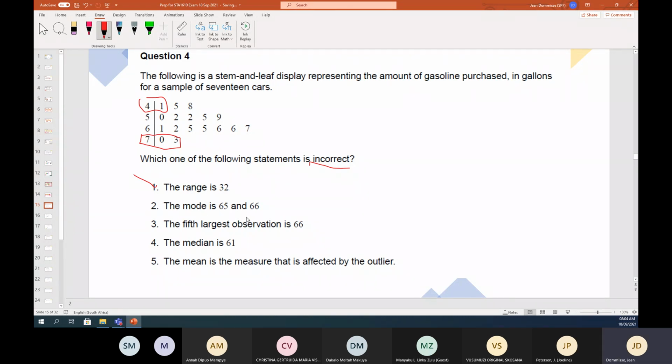They talk about the mode here, and they tell us there are 2 modes. So let's see what is happening in this data. 41, 45, 48, 50, 52, 52, so there are 2 52s, 55, 59, 61, 62.